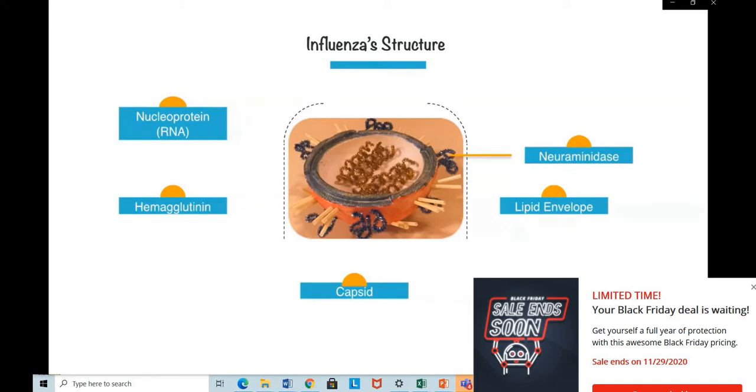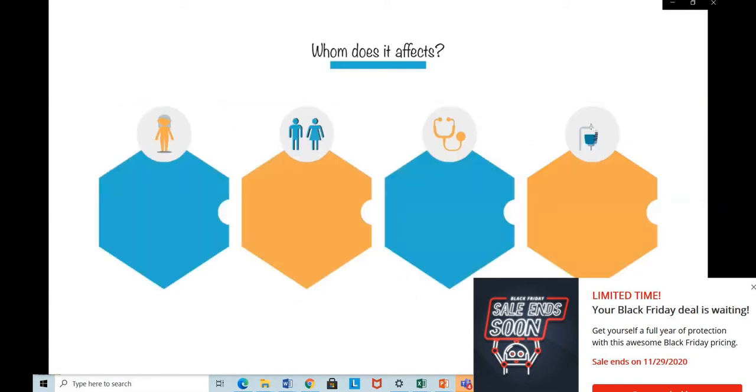Second thing, lipid envelope. Third thing, capsid, which is a protein shell of virus enclosing its genetic material. Fourth thing is the hemagglutinin, which involves the RBCs, which is red blood cells. Finally is the nuclear protein, which includes RNA and sometimes DNA.